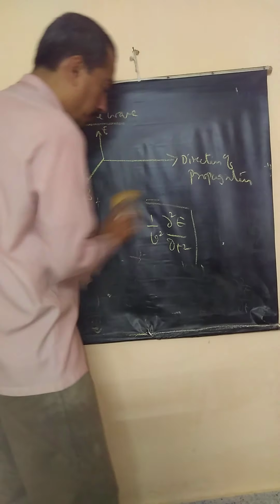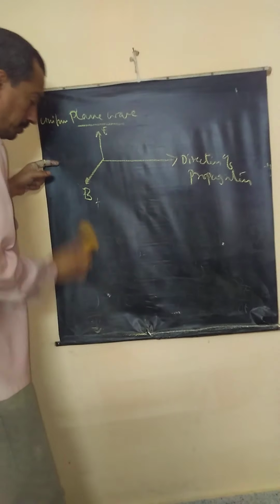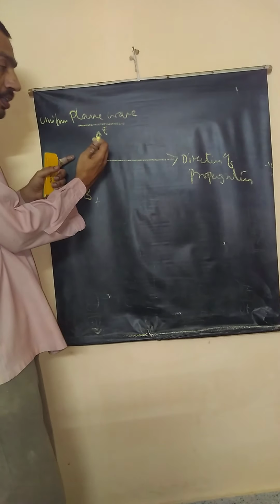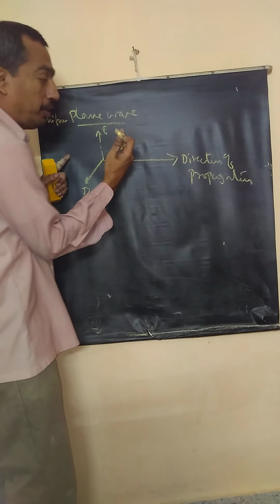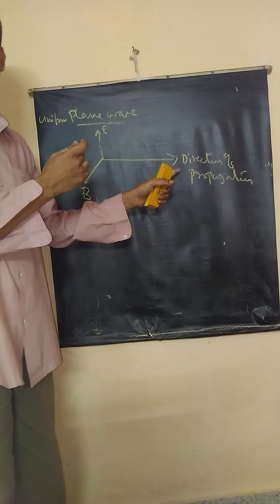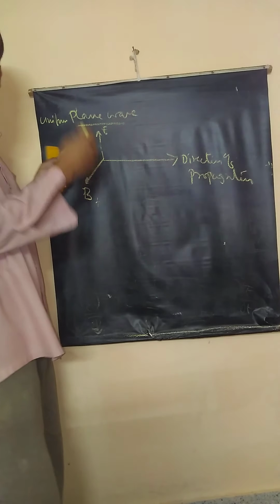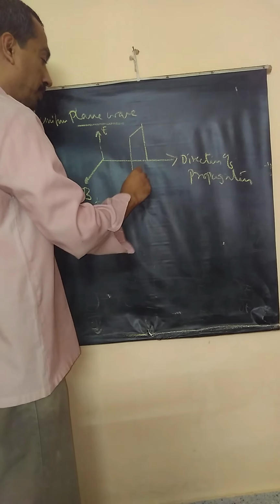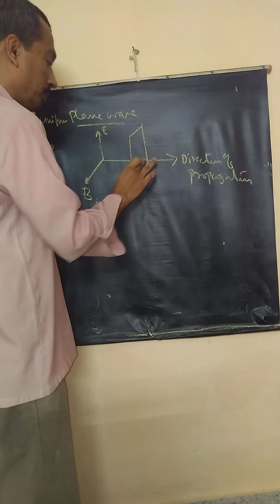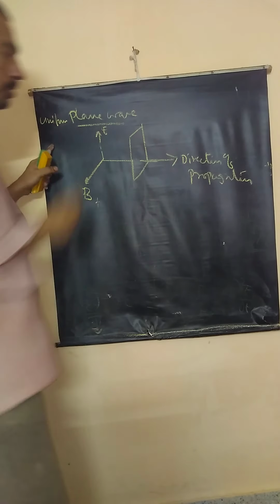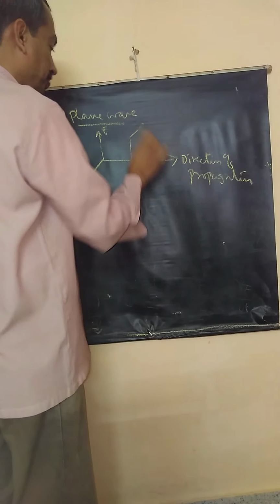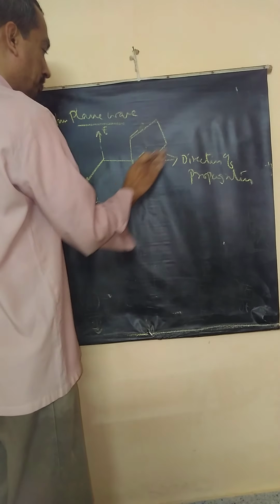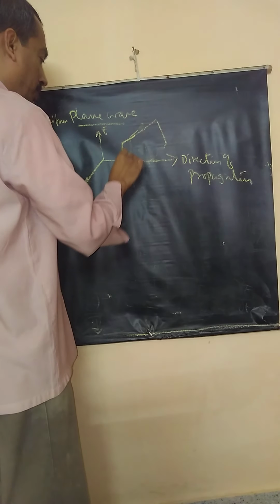Now see here, the electric field, if it remains uniform perpendicular to the direction of propagation. If E remains the same along a plane, look at this, if I draw a plane like this, do you see this?